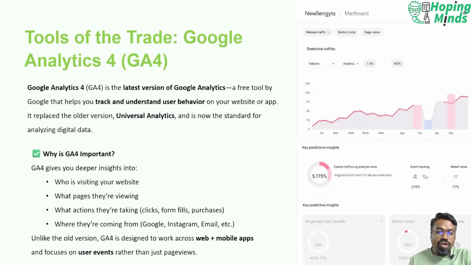Now, unlike the old version, GA4 is designed to work across web plus mobile applications and focuses on user events rather than just page views. Initially, when Google launched Universal Analytics, it only used to work on websites, but now Google Analytics 4 specifically works for websites as well as for mobile applications.